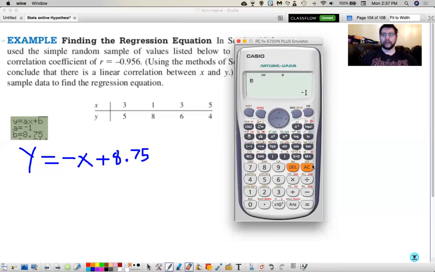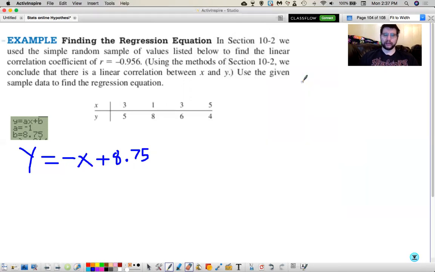Okay, I want to go back and look at something in the mode. I go to mode 3. Look at what number 2 actually says. It says A plus BX.